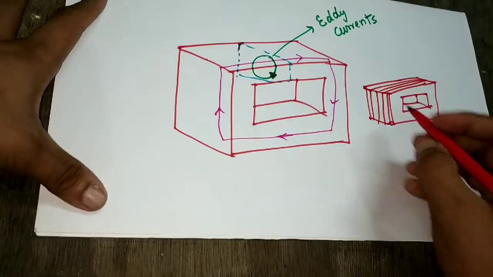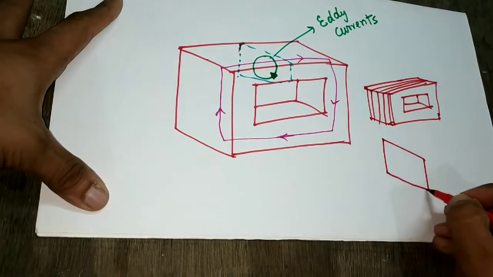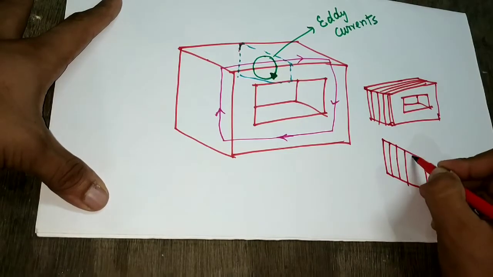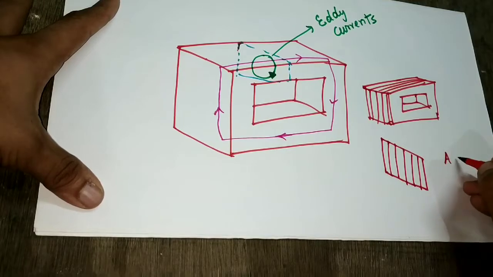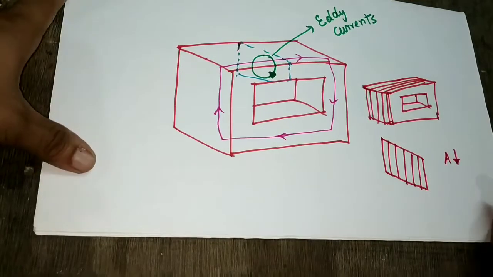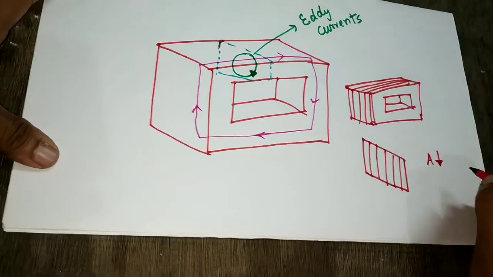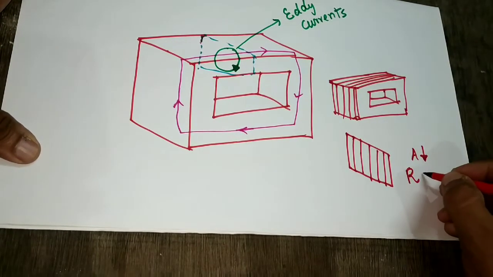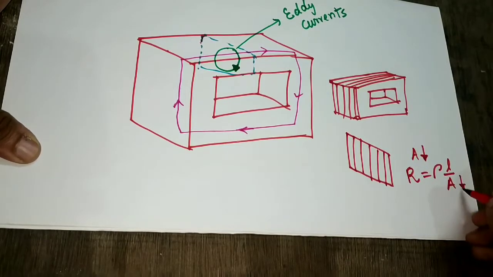So you can see, if we take this cross section, now we are laminating the core, so the cross section area is decreased. As the cross section area is decreased, the resistance, which equals rho L by A, increases as A is decreased.